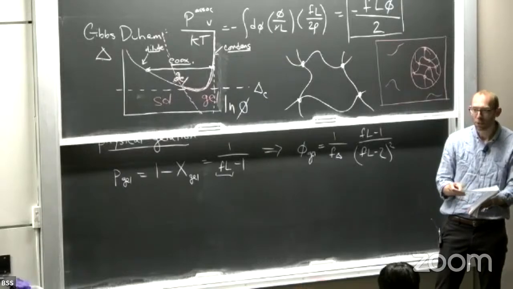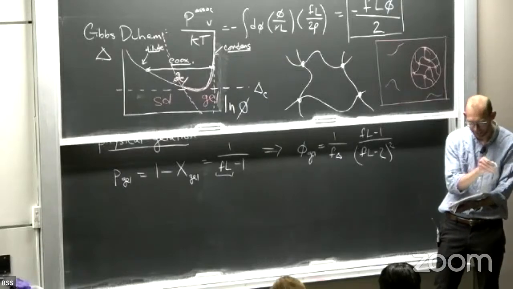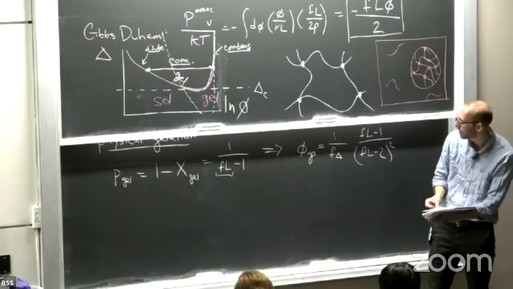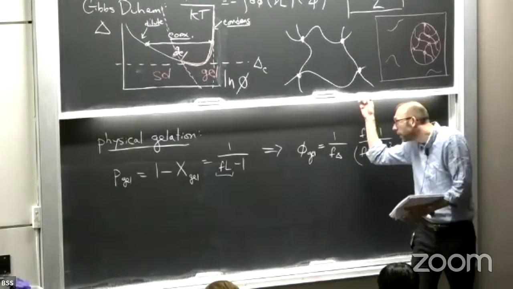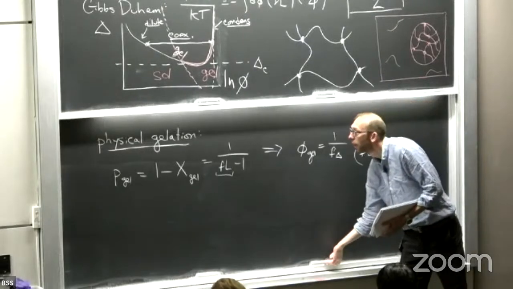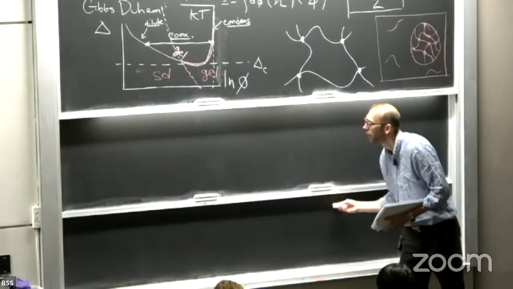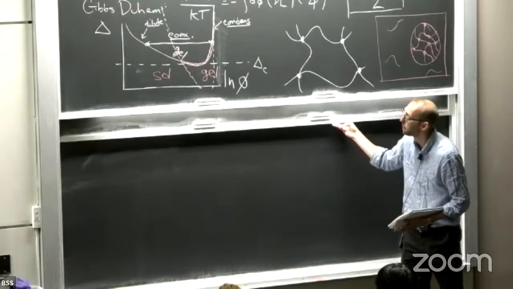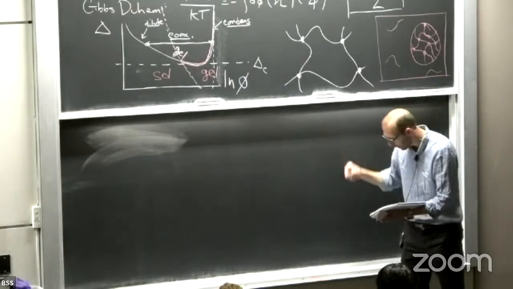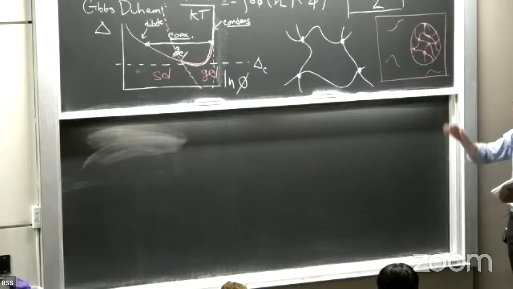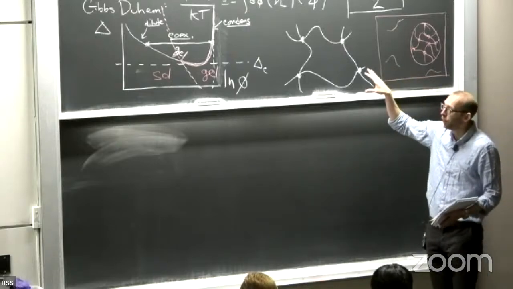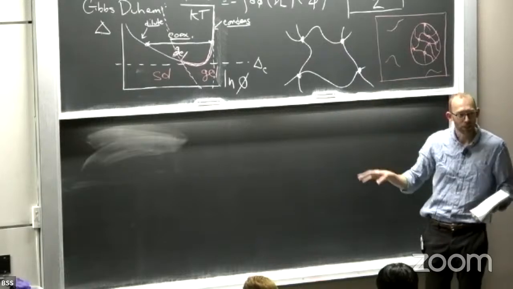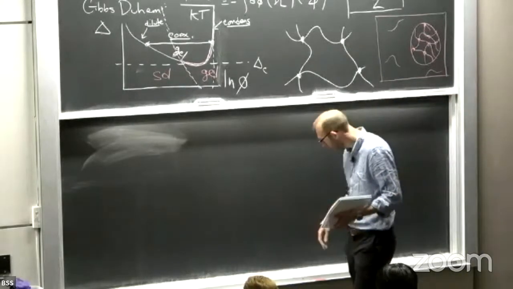All right. So there's one more possibility that I'd like to discuss briefly. Okay. So continuing on with this theme of when is this sort of mean field uncorrelated treatment valid?